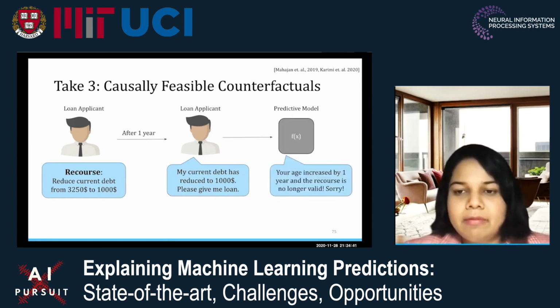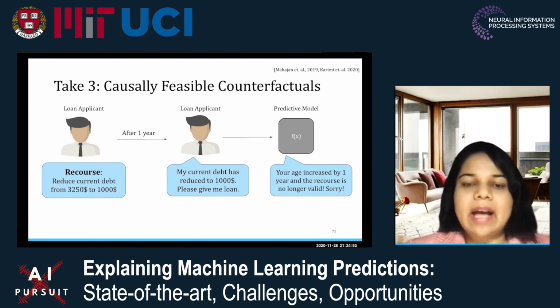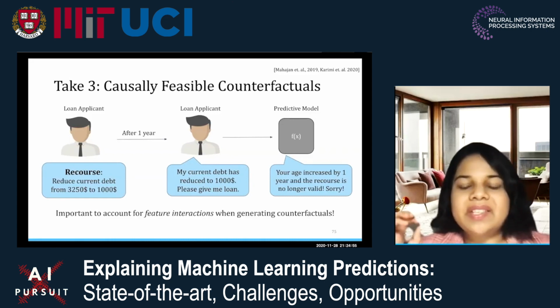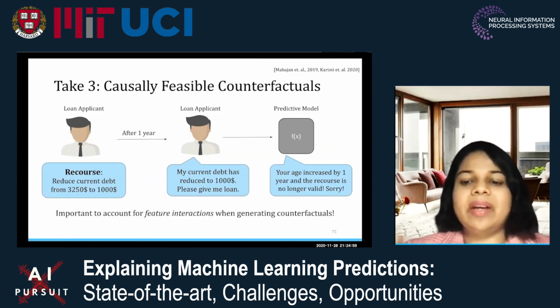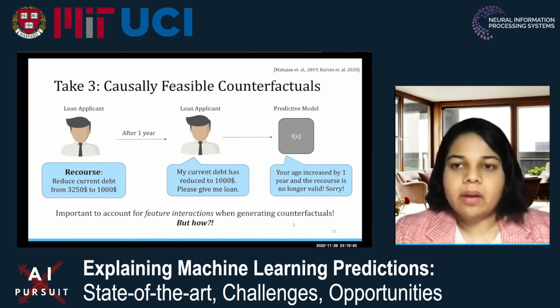But then the predictive model might say that, well, that is true, but your age has also increased by 1 year and the recourse is therefore no longer valid. Right? So these kinds of scenarios can definitely occur in practice. So it is extremely important to account for feature interactions when generating counterfactuals. But how do we actually do it? That will be the topic that we discuss now.